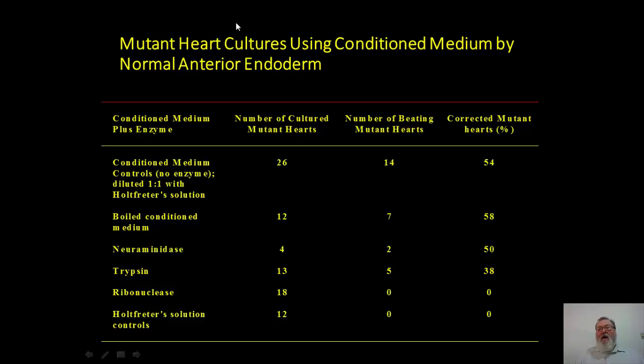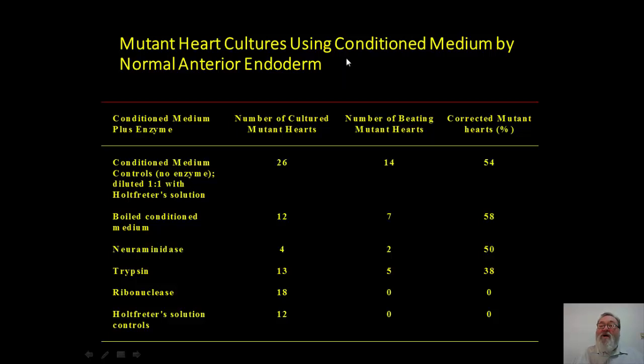And we then asked the question, is this something that requires contact, or is there something secreted in that medium by the normal anterior endoderm that might be able to diffuse to the mutant hearts and cause those to beat? And so we did what are called conditioned medium experiments, common in embryological studies, where we took normal anterior endoderm, cultured those endoderm pieces for about 40 hours in some simple saline solution that was called Holtfreiter solution.